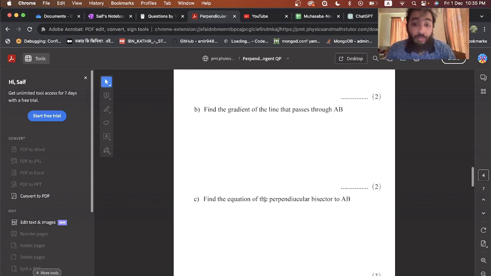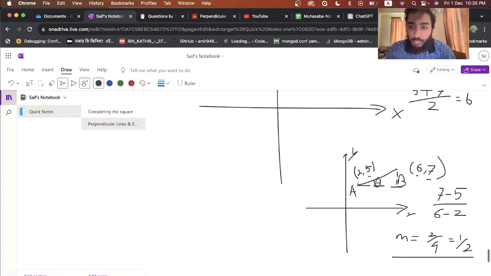For C, you have to find the equation of the perpendicular bisector to AB. The perpendicular bisector is a line that is perpendicular to AB and passes through the midpoint, something like this.